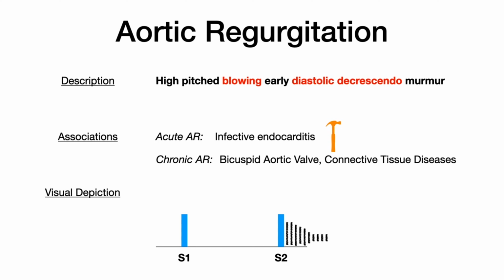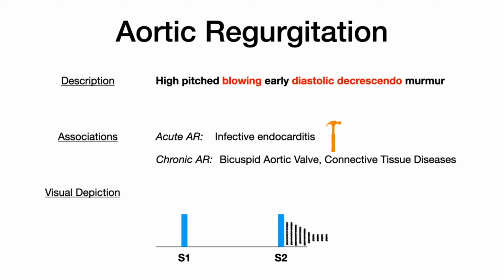So with every stroke, there's such a high volume of blood coming out due to the regurgitation that patients actually feel it, and in synchrony with that stroke, they'll bob their head. This is called de Musset sign. So if you're taking an exam and you see either the water hammer pulse, the rapid upstroke and rapid collapse, or head bobbing, the test writer is telling you, it's aortic regurgitation.